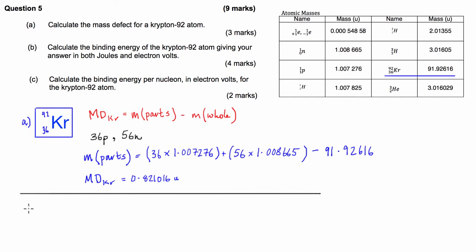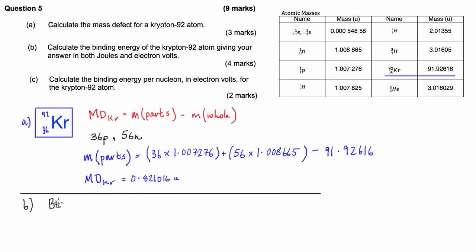Let's get cracking on part B. Part B asks to calculate the binding energy of the Krypton 92 atom in both joules and electron volts. So what we can do first, the easiest one, if we have our mass defect in atomic mass units, we can figure out the binding energy in mega electron volts.